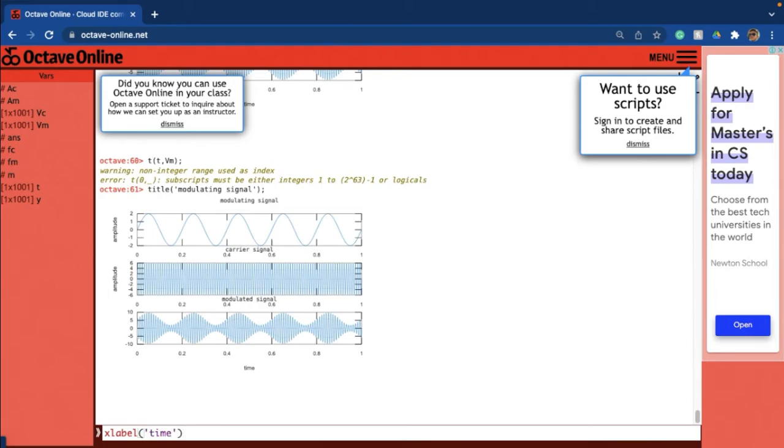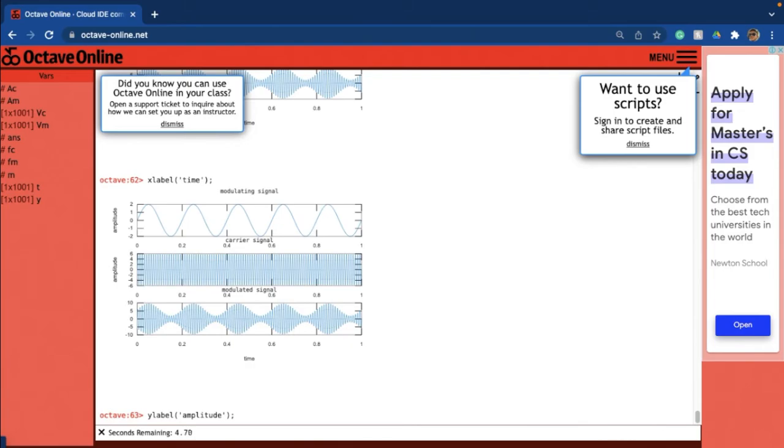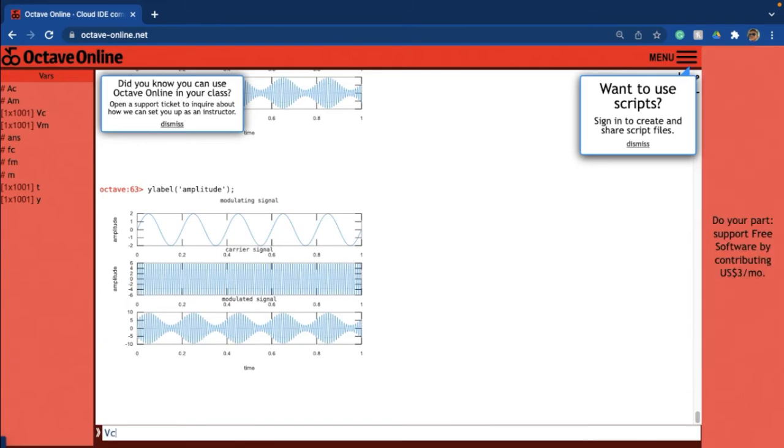You must have come to know using X label, Y label, amplitude. And this is for VC now.